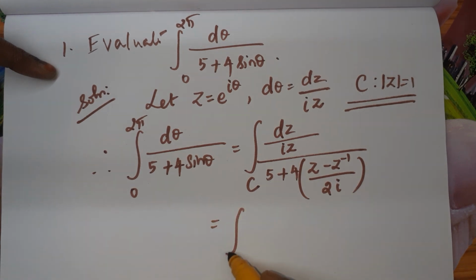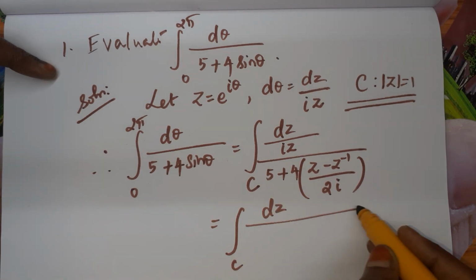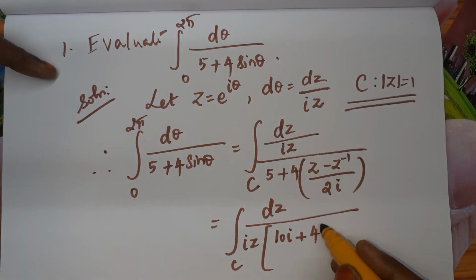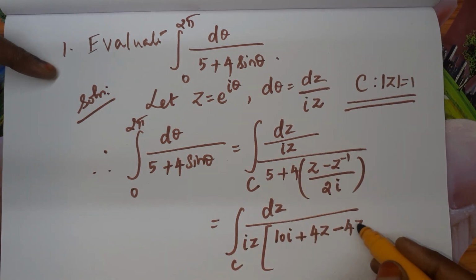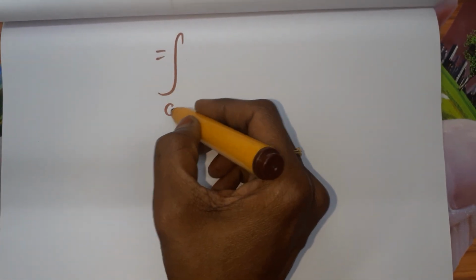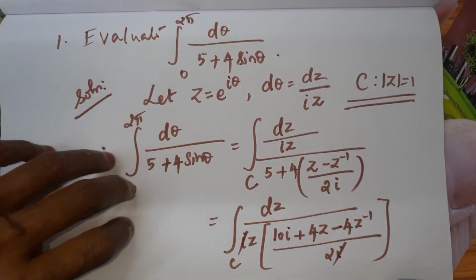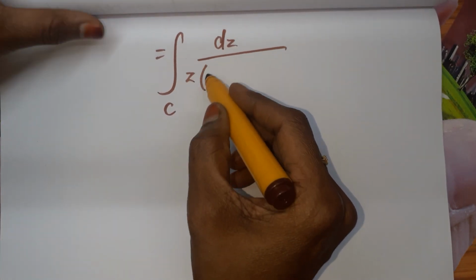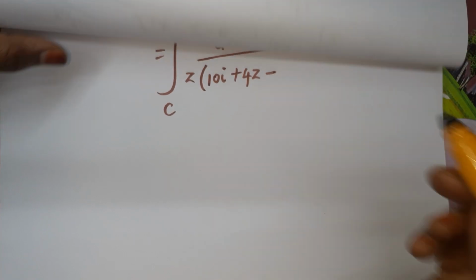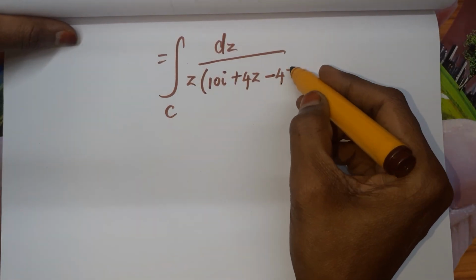Taking 2i as the LCM, 5 into 2i is 10i, plus 4 into (z minus z inverse), all over 2i. This i and this i we can cancel. So we are getting the integral over C dz by z into (10i plus 4z minus 4z inverse).